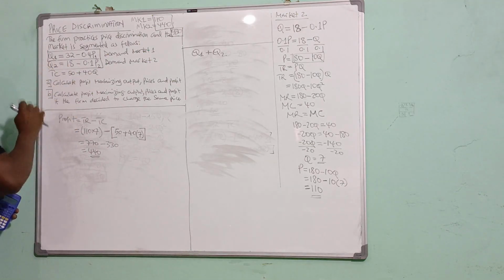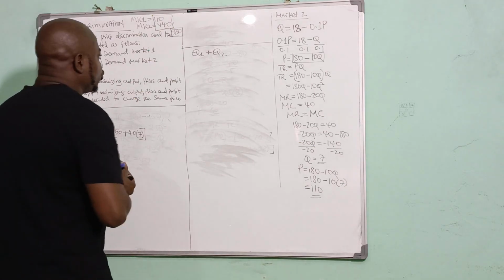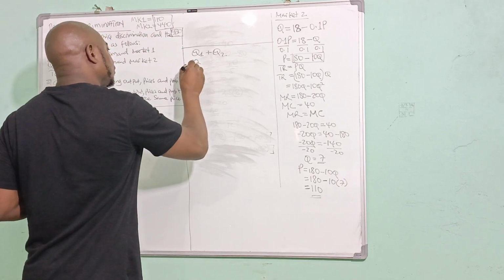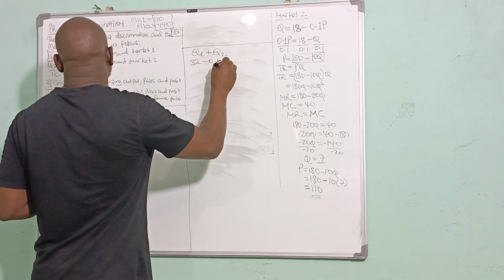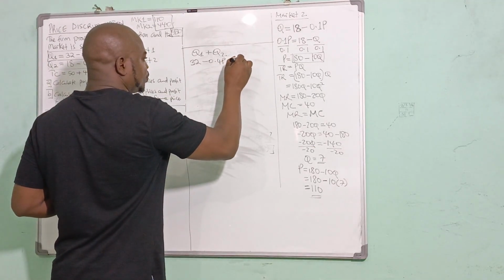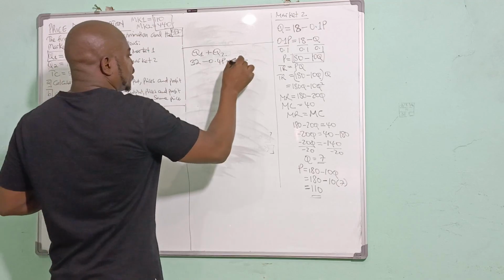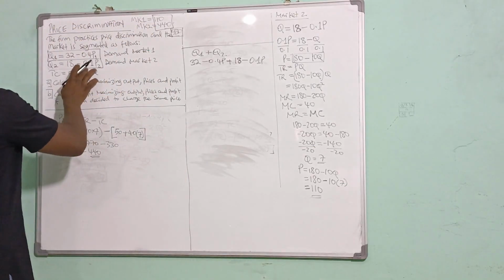We sum them as quantities because the quantity is identical. Remember, the product is the same. What was different was the prices. So I have 32 minus 0.4p plus this other demand function, 18 minus 0.1p.